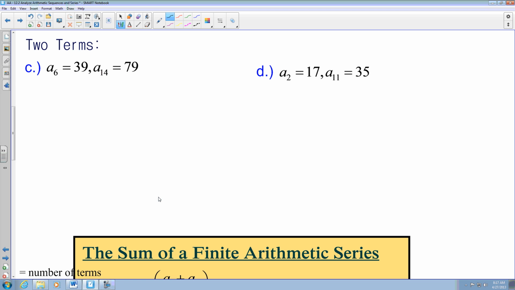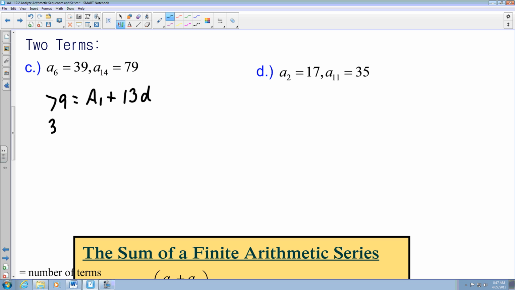So let's look at a sub 14 first. They tell us that a sub 14 is 79. So 79 equals whatever a sub 1 is plus d times n minus 1. Well, this one happens to be 13, so we're going to add 13d. The next thing is let's put on the bottom a sub 6.